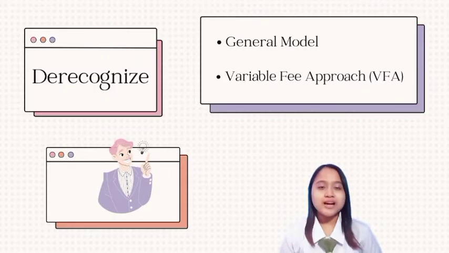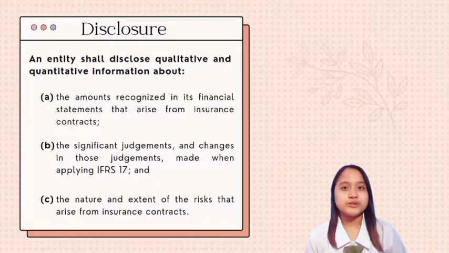On derecognition, under the general model, amounts remaining in OCI are reclassified to profit or loss, while under the variable fee approach, on derecognition of the groups, the amounts previously recognized in OCI remain there.